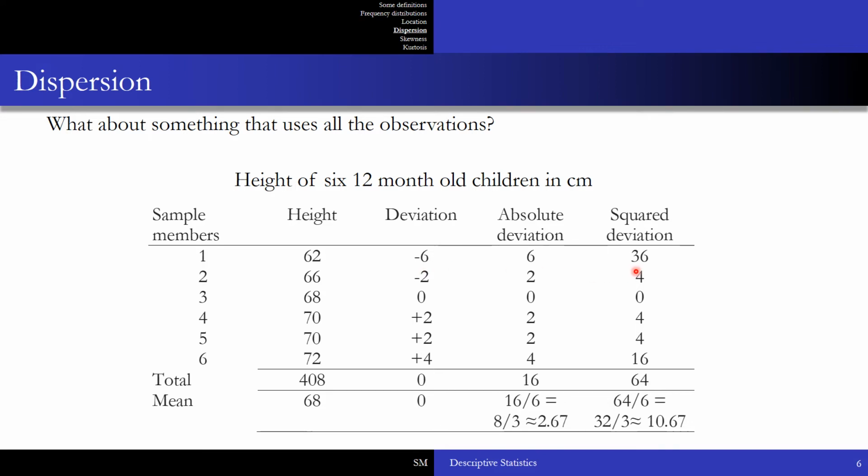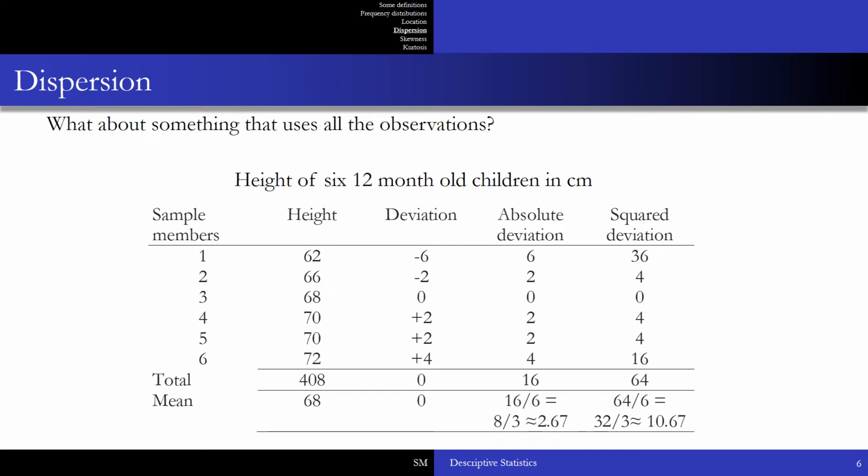So if we do that for all of these observations here, what are we going to get? We're going to get the numbers in this column here, sum them all up, it's equal to 64, divide by 6, which is 32 over 3, and we get a number which is, again, roughly 10.67. This, again, is some kind of measure of dispersion.